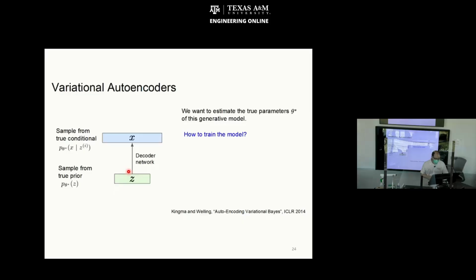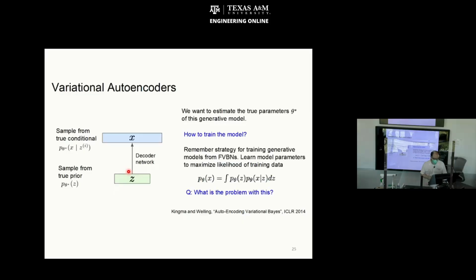And then we want to train the model. How do we train the model? The strategy here is that we can maximize the likelihood of the training data, for instance. If you look at what this is, this is P theta of z times P theta of x given z, which is basically what?